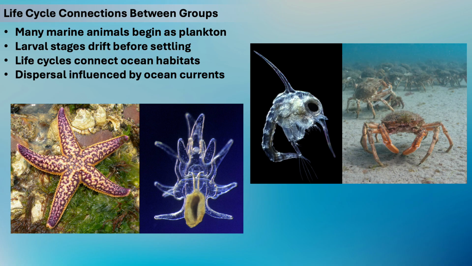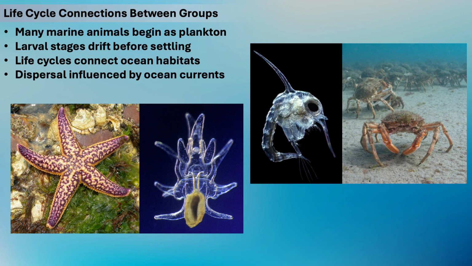These life cycle connections demonstrate that the ocean ecosystem is highly interconnected. The plankton community serves not only as a group of drifting organisms, but also as a nursery environment for many species that will later occupy completely different ecological roles.